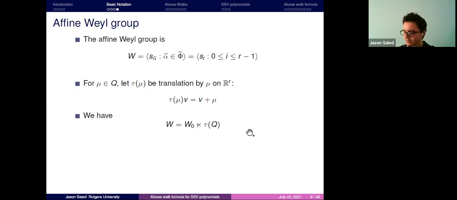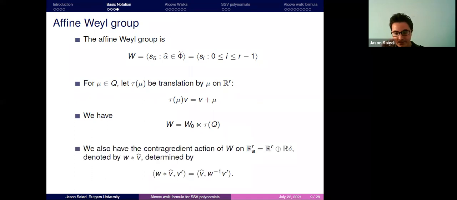I want to point out here that I'm choosing not to extend this, even though I'm studying GL_n. I'm not using the weight lattice here, because I do want my Weyl group to be a Coxeter group. You can do this in that greater generality, but for what we need, it's not necessary.